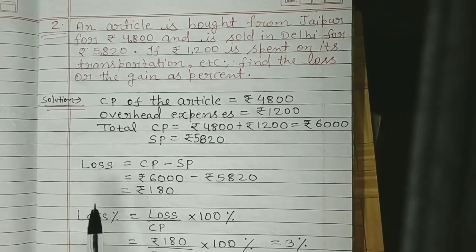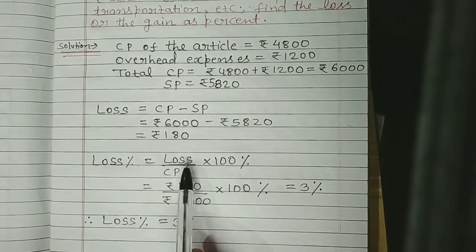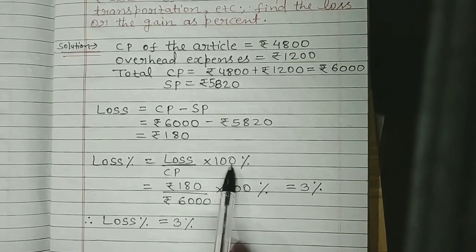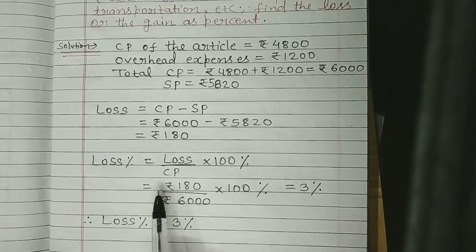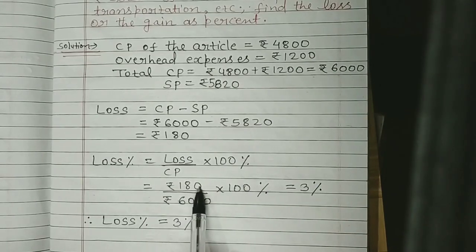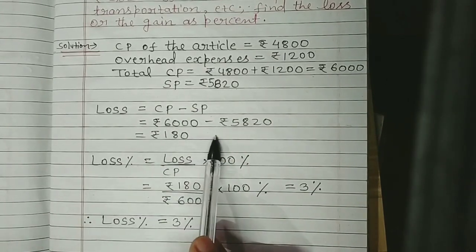Clear? Now we have to find loss percent, and as we already know the formula, loss percent equal to loss by CP into 100%, and it is equal to rupees 180. In place of loss I have written rupees 180 as we have already calculated here.